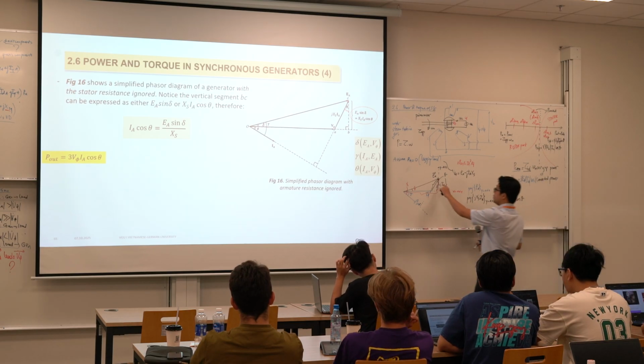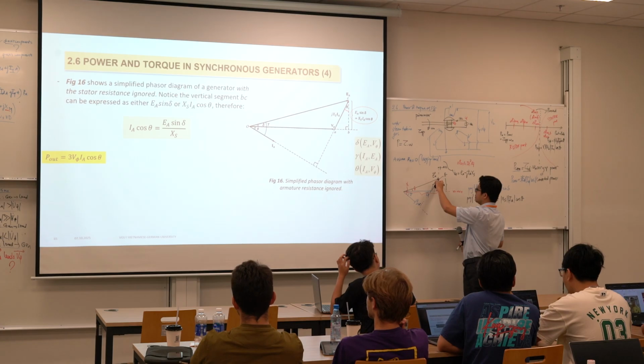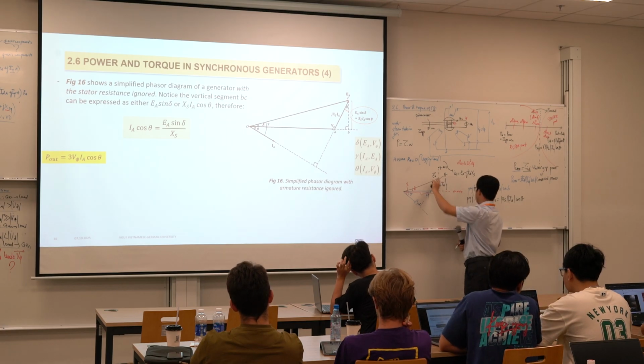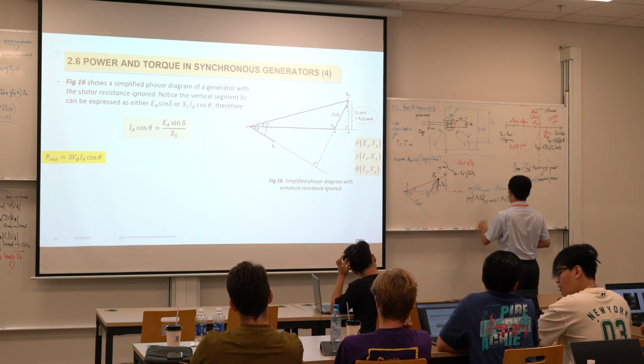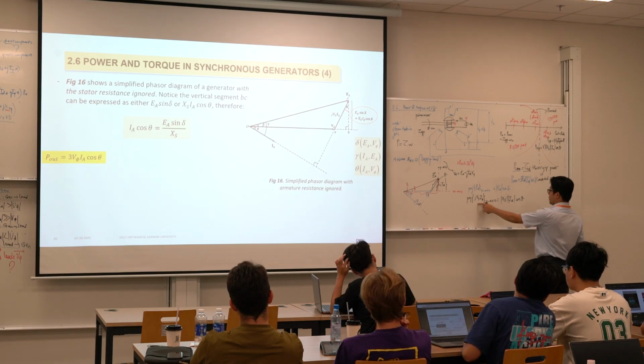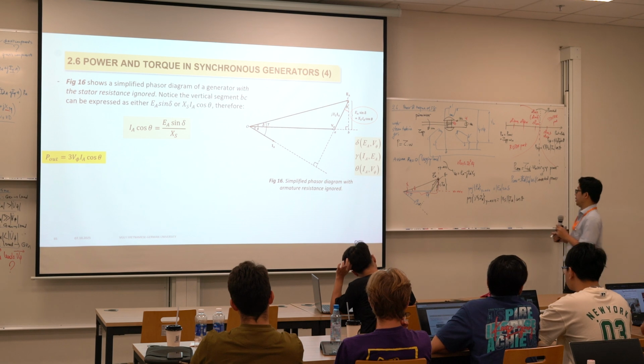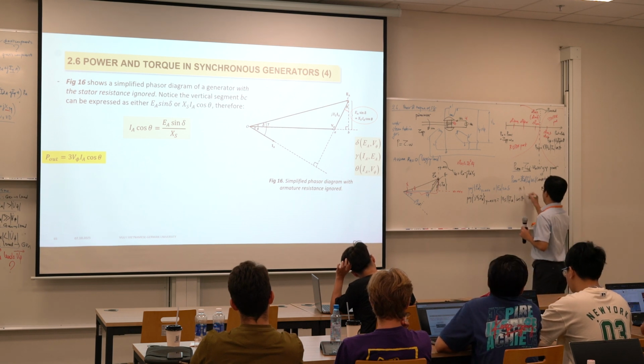Cosine theta is this segment divided by this segment, and this segment is the magnitude. So you get XS IA cosine theta.